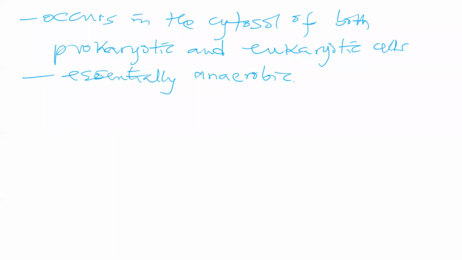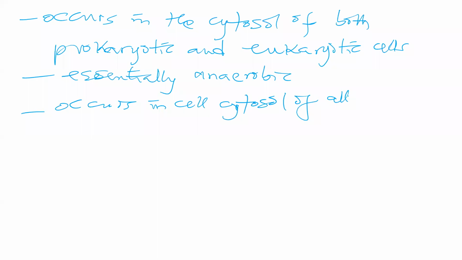Like I said already, the role of glycolysis is basically to produce ATP and also other biosynthetic intermediates. We did make mention that glycolysis occurs in the cell cytosol of all tissues of the body.